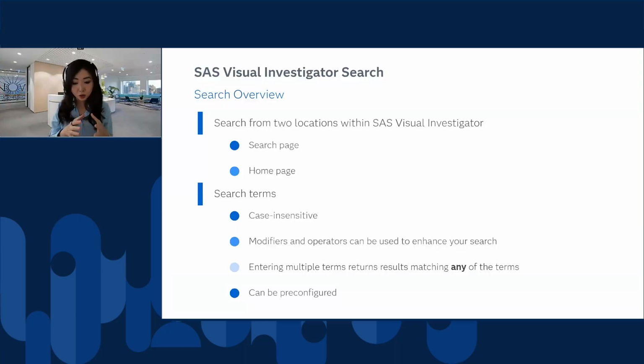So rather than you hopping into the system and having to type in a very complex search query each time, if that's a regular search that you do, they can configure for that to be saved in the system. So next time you come in, it's a matter of clicking a button to execute the same search. So really a way of streamlining your workflow.